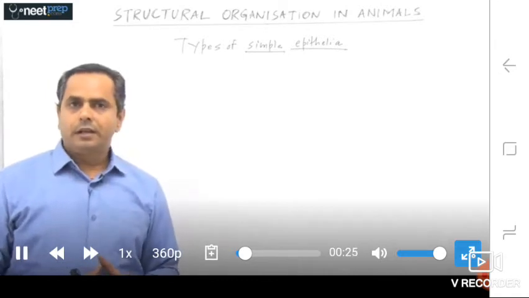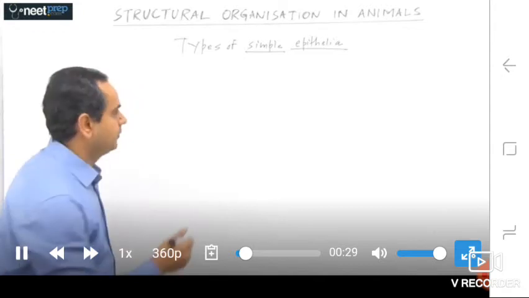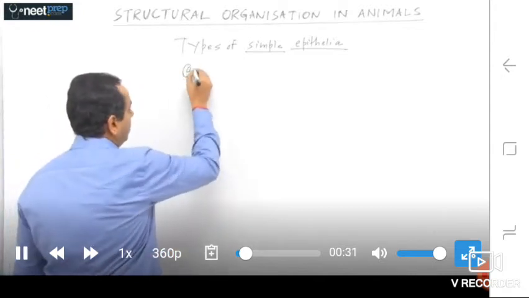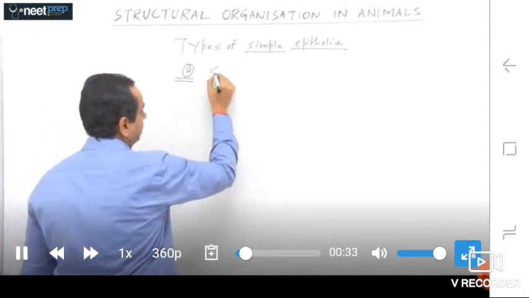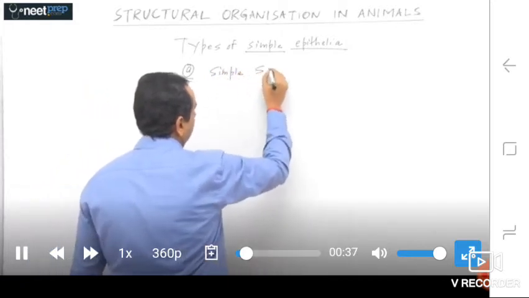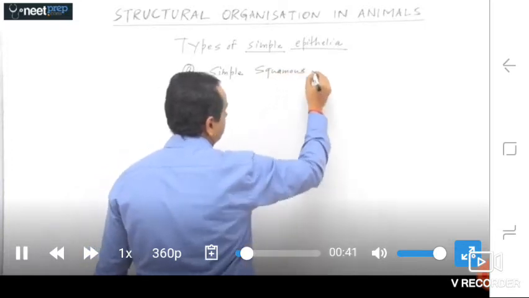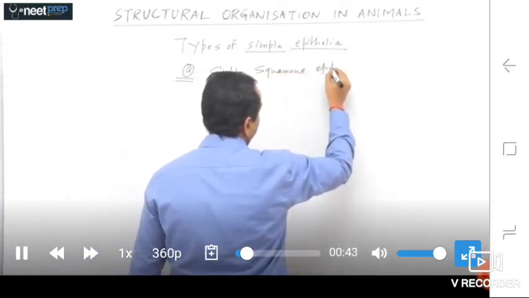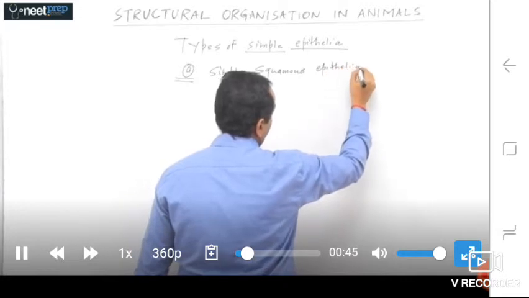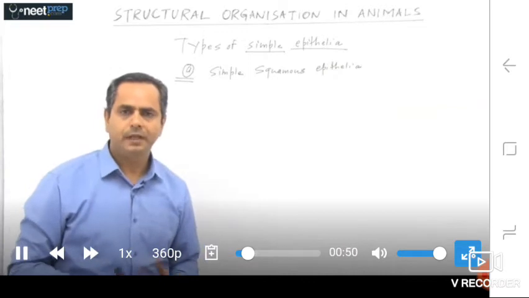First of all, there are different types of simple epithelia. One is called simple squamous epithelia. Simple squamous epithelia, and what is that?